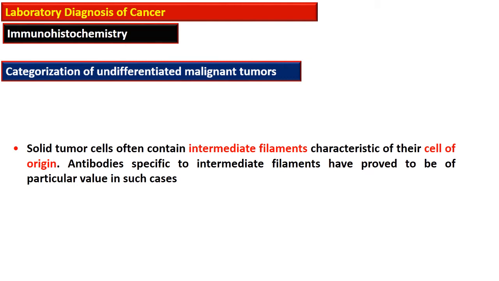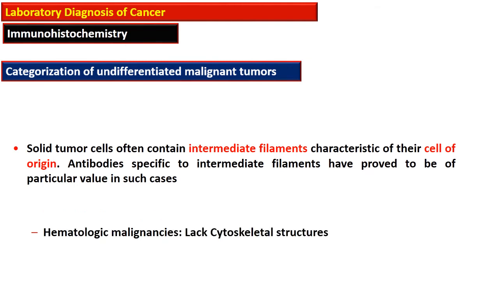The solid tumor cells show intermediate filaments characteristic of their cell of origin, and antibodies specific to the intermediate filaments have proved to be of particular value in such cases, such as cytokeratin, which is present in epithelial cells, and these are carcinomas. Desmin is present in the cells of muscle origin.